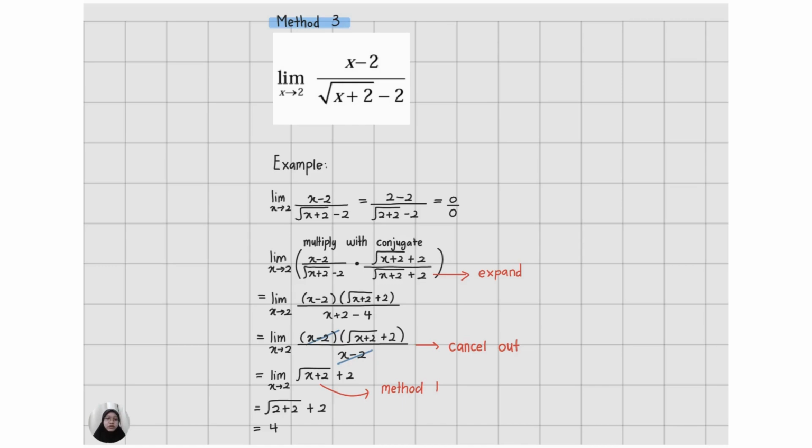When we multiply with the conjugate, we need to expand the denominator. So we will get limit x approaches 2, (x minus 2)(square root of (x plus 2) plus 2) over (x plus 2 minus 4). Then we can cancel out the x minus 2, and we will get limit x approaches 2, square root of (x plus 2) plus 2. And we can apply method number 1, direct substitution, and we will get the answer 4.